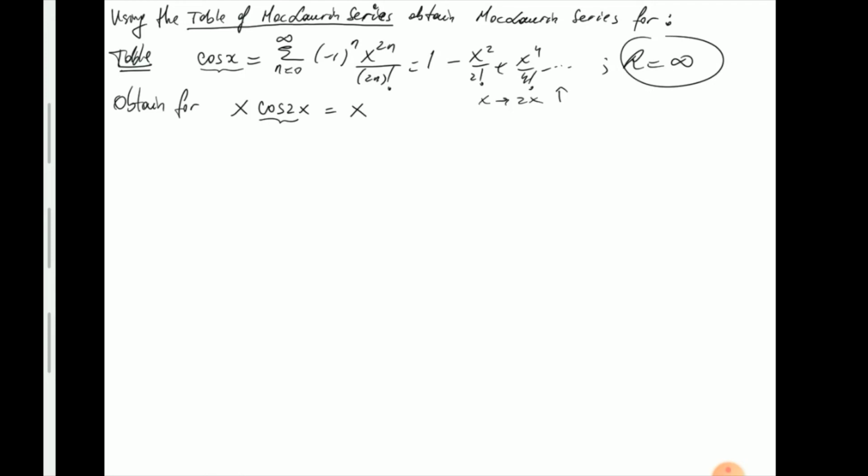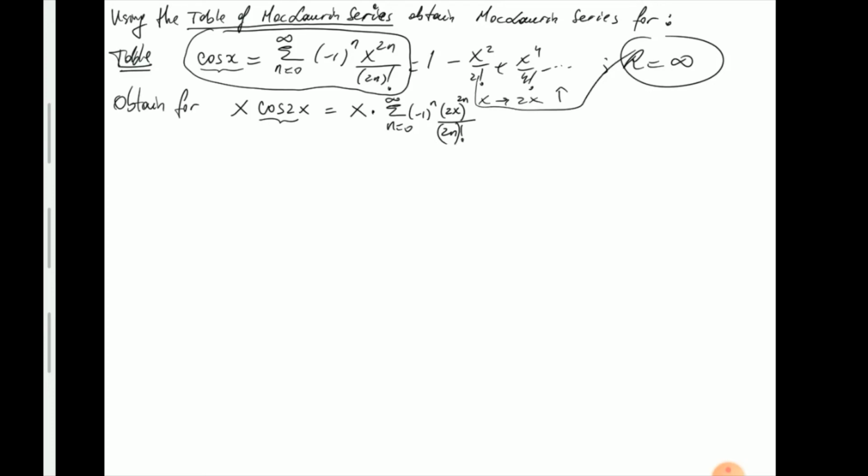And you do that using the summation notation to be more practical. You don't need to use the expanded format. So all you have to do is multiply x by the equivalent of cosine of 2x via that series: summation from 0 to infinity of (-1)^n, and pay attention here, (2x)^(2n) over (2n) factorial.